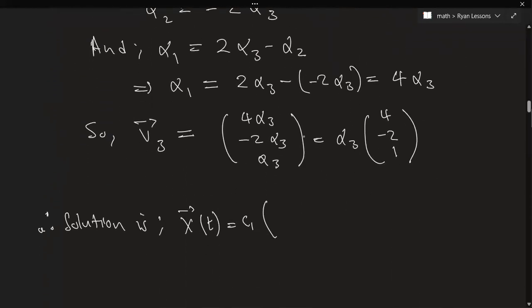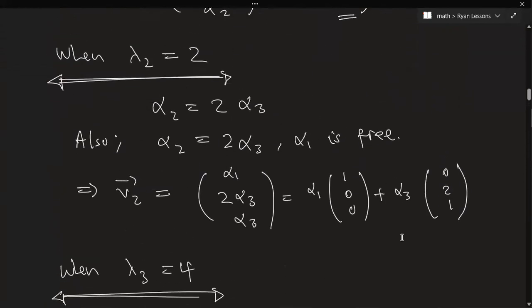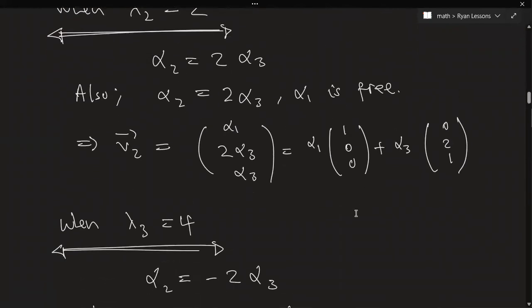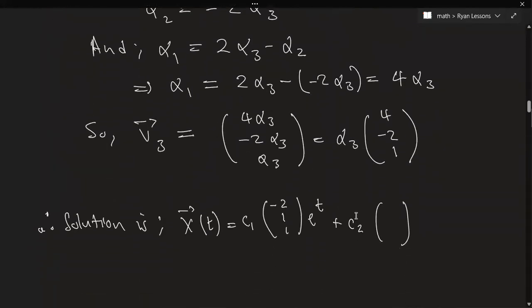So we put negative 2, 1, 1 here. Then it's going to be e to the lambda 1 t, where lambda 1 is just that. Then plus c2. For lambda 2, you can take 1, 0, 0. So you take your 1, 0, 0 here.